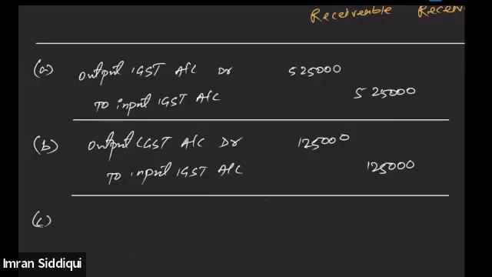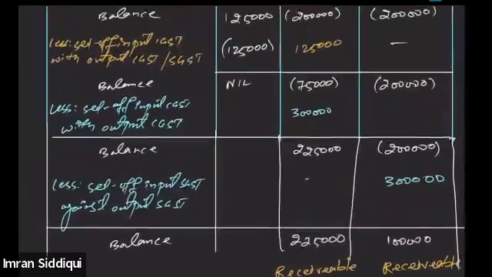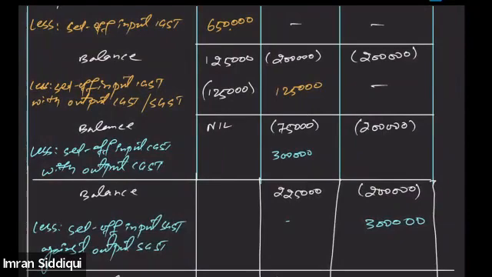Next adjustment we did, in the next step we adjusted the input CGST with the output CGST to the extent of 75,000 only, right? To the extent of 75,000 only.